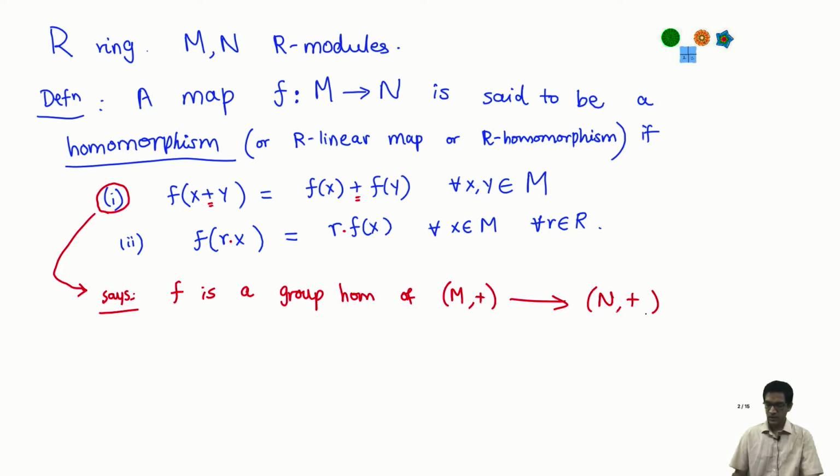Now, property 2 of course says that in addition to being a group homomorphism, it also respects the scalar multiplication.